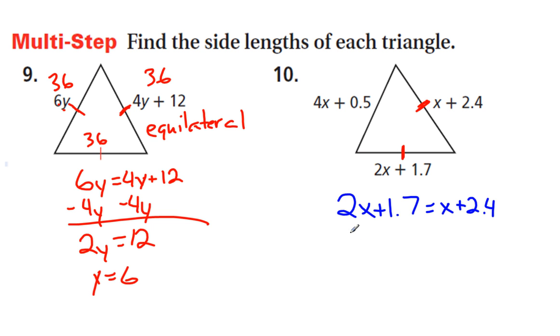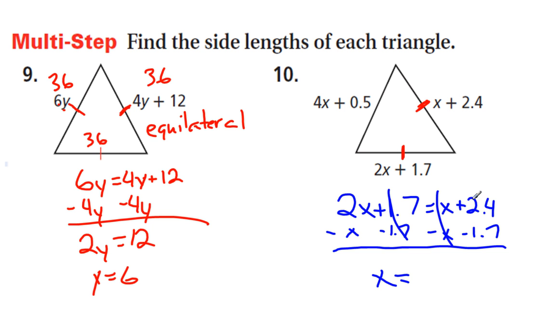Alright, so we move some stuff around. So if we say minus x minus 1.7, so this will cancel out, this will cancel out, and we'll end up with x equals 0.7.